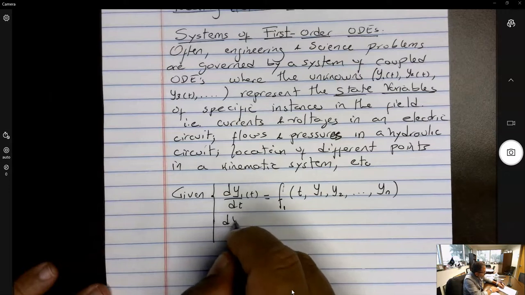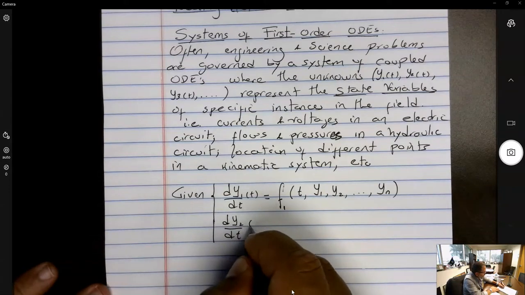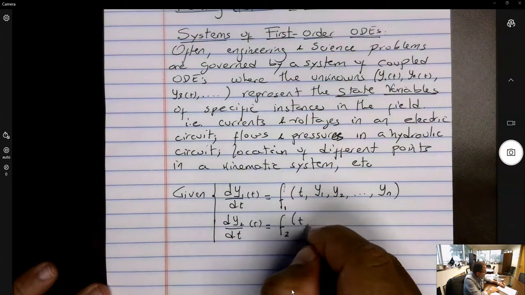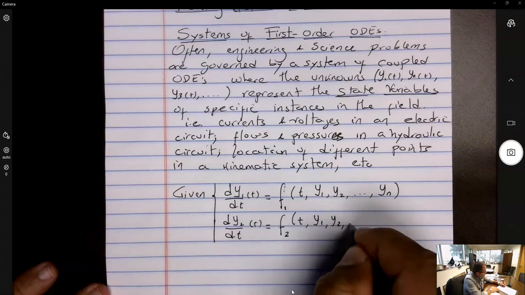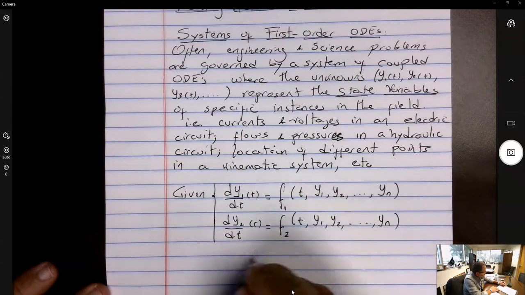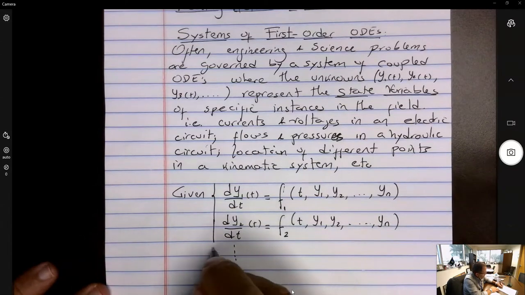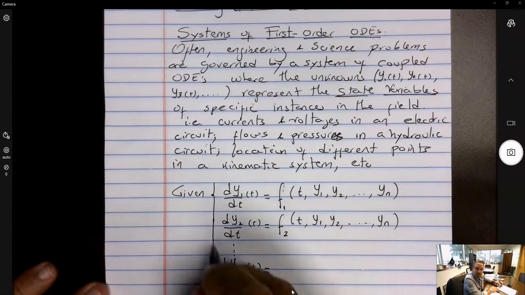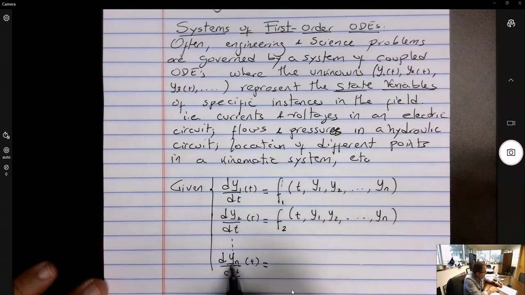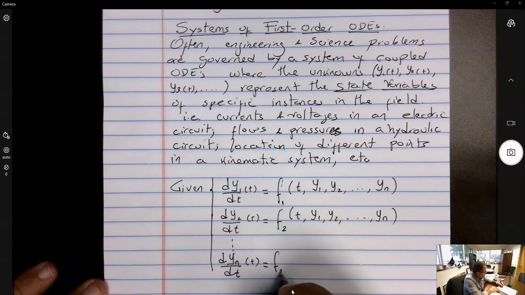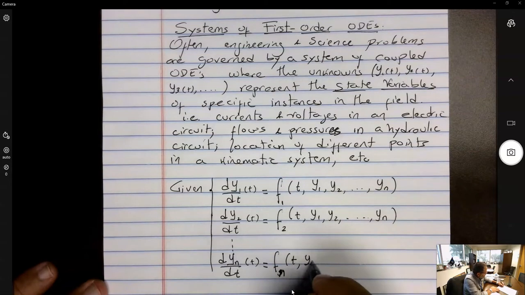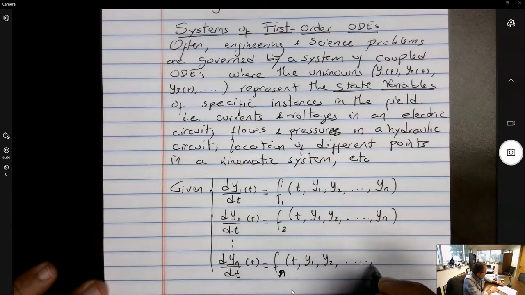And as such, you would have another equation for y2 that is a function 2 of time, y1, y2, all the way to yn, and ending with an nth equation, which is again a first order ordinary differential equation that governs yn, which is a function n of time and all state variables.